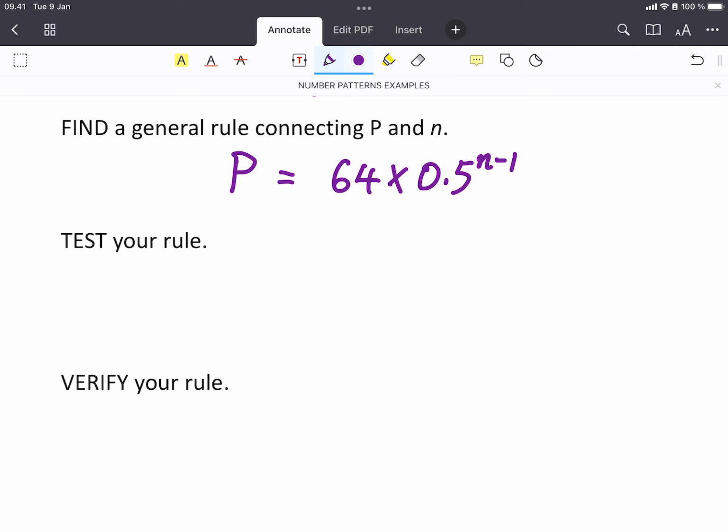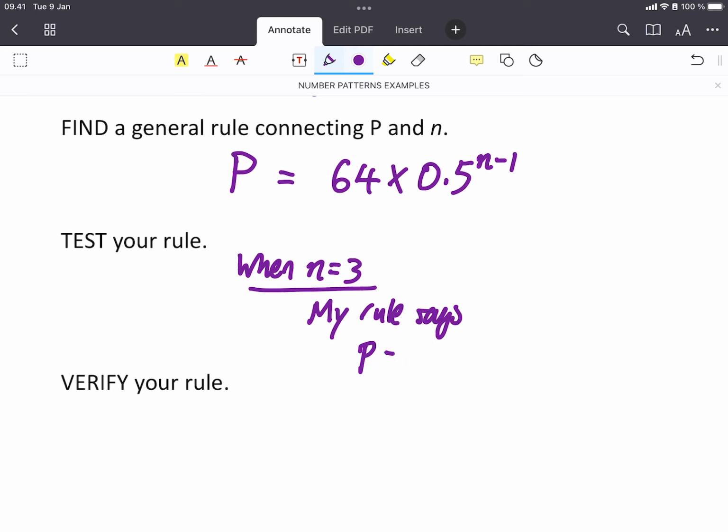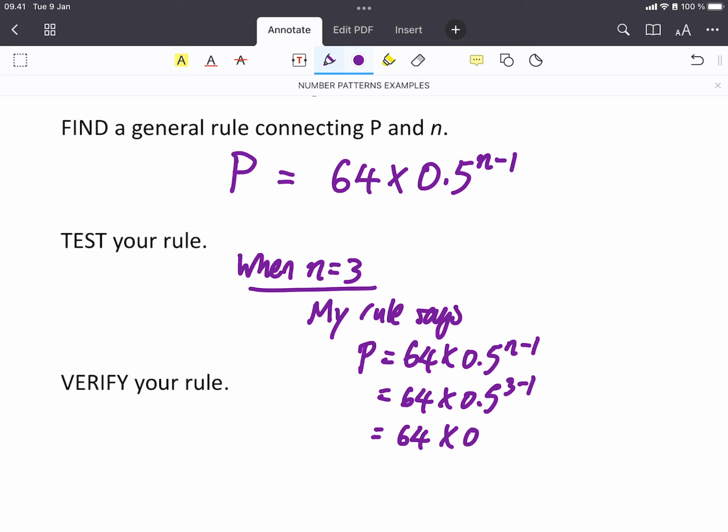So test your rule. Well, let's say when n equals 3, my rule says p equals 64 times 0.5 to the power of n minus 1 equals 64 times 0.5 to the power of 3 minus 1, which is 64 times 0.5 squared, which is 16.